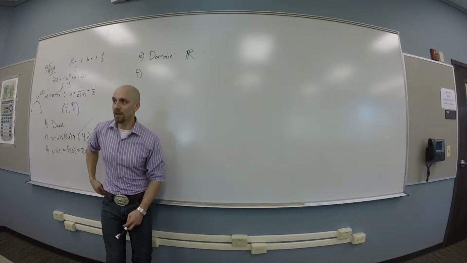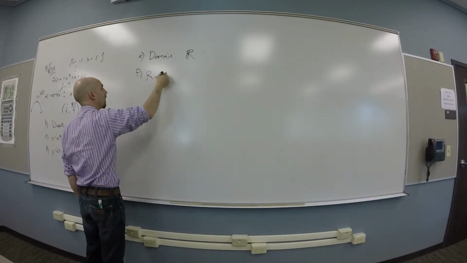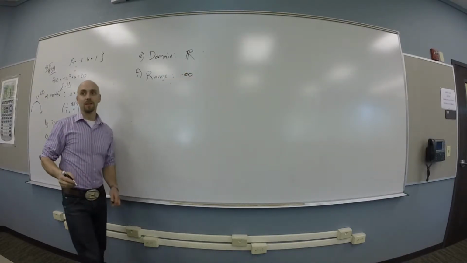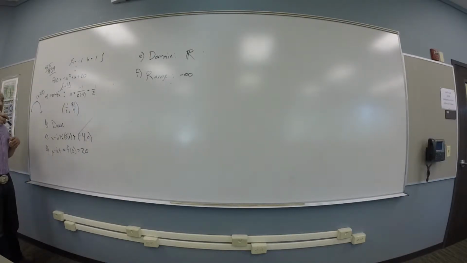Negative infinity. Why not 0? You have numbers smaller than 0 in the range. Yes, I have numbers more negative than 0 in the range, as indicated by that arrow going down for good, right? You guys cool with that?